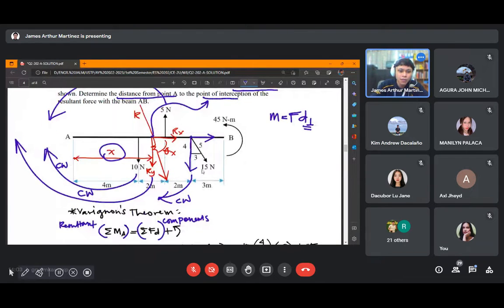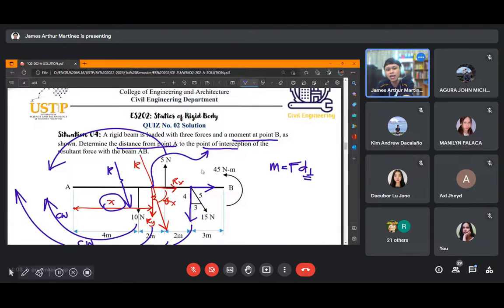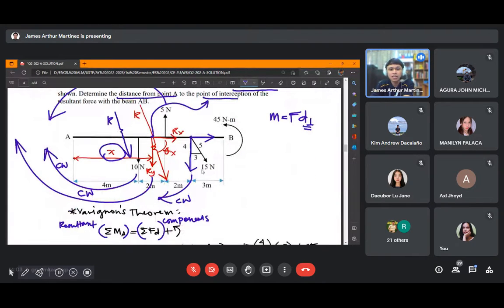Alright. So, if we look at it, from point A to the 10 newtons force it is 4 meters, so the resultant force should pass somewhere here. So the true location of your resultant force is somewhere in this part. Anyway, it is just the same.